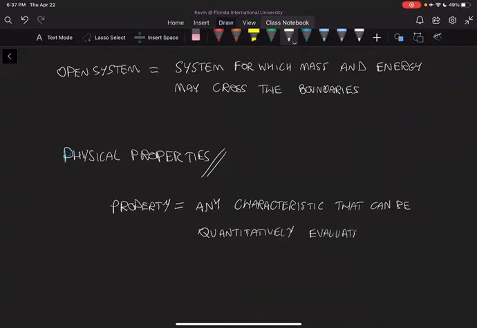So what does that mean, you would say? Well, it means that it's anything that can be measured, okay? And there are many physical properties that can be measured. So try to think about some of them.